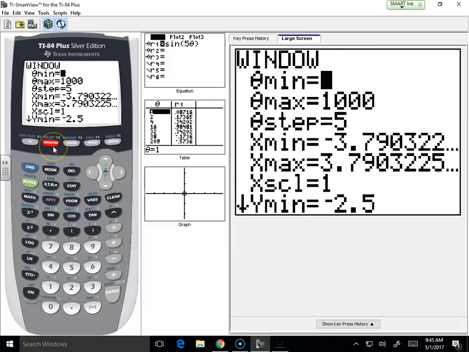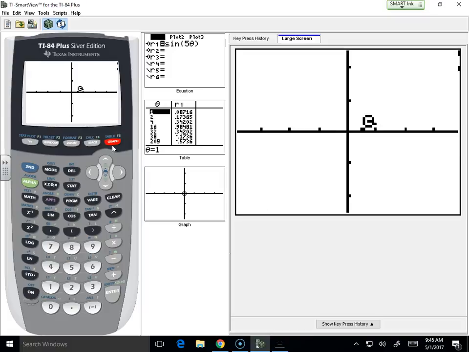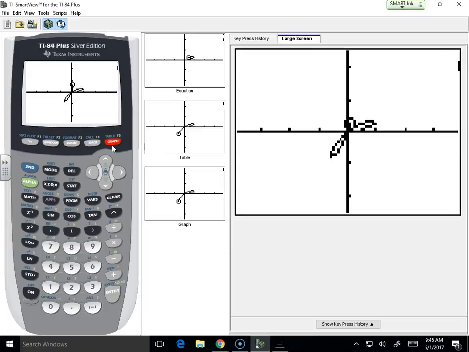If you wanted to see the picture in degree mode, you would go from 0 to maybe 360, maybe even 720. And if you went from 0 to 360, going by 5s is going to get you a lot of points in between 0 and 360. And since you're in degrees, it's going to look a whole lot better, and you're going to get the same flower that the rest of us got.